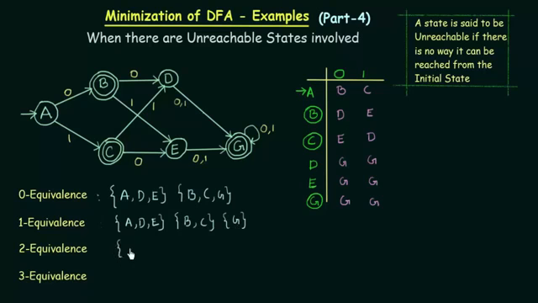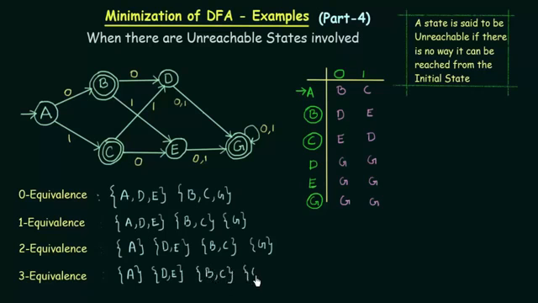And if you solve for two equivalents, you will find that state A is not two equivalent to any of the states, and states D and E are two equivalent to each other, and states B and C are two equivalent to each other, and G is by itself. And in three equivalents, if you solve it, you'll find that state A is not three equivalent to any of them, and states D and E are three equivalent to each other, and states B and C are three equivalent to each other, and state G is by itself.